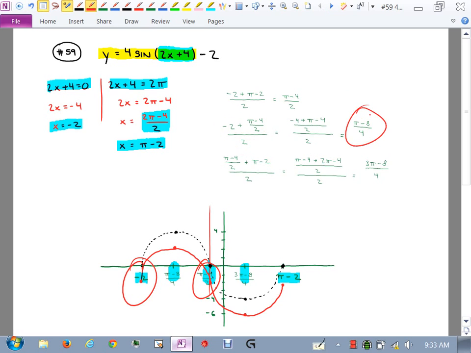Okay, so this point is going to go here. Now I'd like to find the point between here and here. So I take those 2 points and add them together. Again, I need a common denominator, so I take this over 1 and multiply the top and bottom by 2. The 2 distributes, which is why I get this.